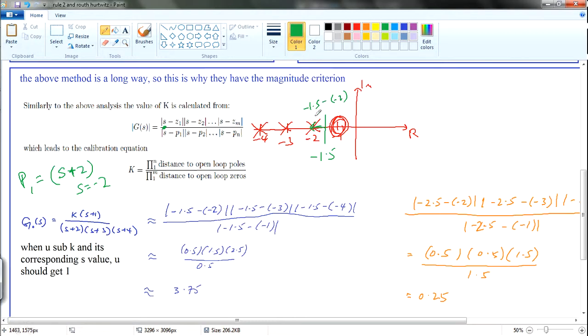So the absolute value will give you the distance to the open loop poles, right? So this distance is 0.5, right? The reason why they take the absolute value is because, let's say if you are going this way, you have some negative sign.